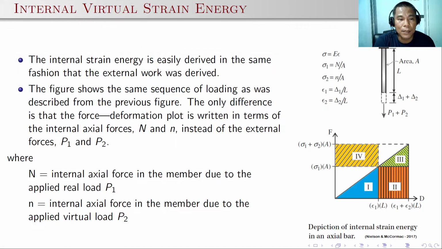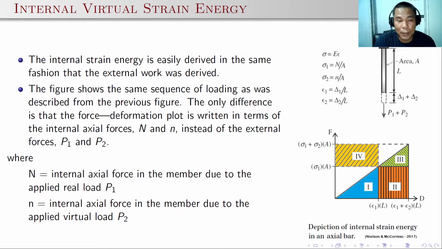The only difference is that the force deformation plot is written in terms of the internal axial forces, capital N and small n, instead of the external forces P1 and P2. These internal axial forces, capital N and small n, are also in terms of sigma and the cross-sectional area, and epsilon and length of the bar, respectively.